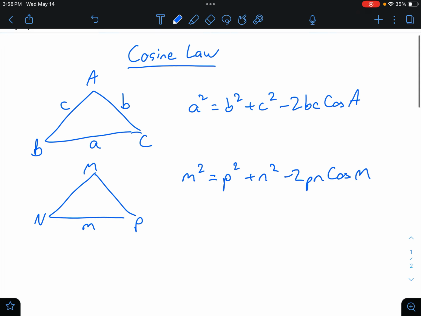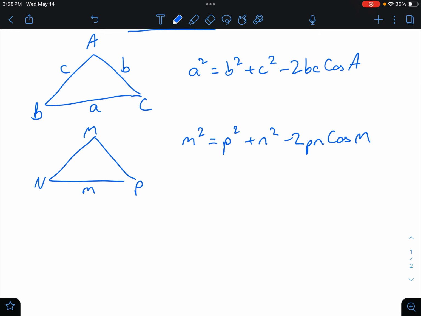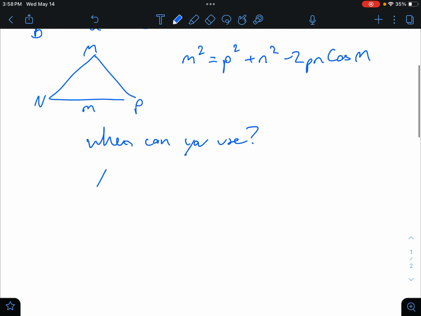Now, when can you use this? There are two very specific scenarios where you can use this. The first scenario would be if you have a triangle, let's say it looks like this. Just a quick example: 6, the angle will be 40 right here, and then 7.